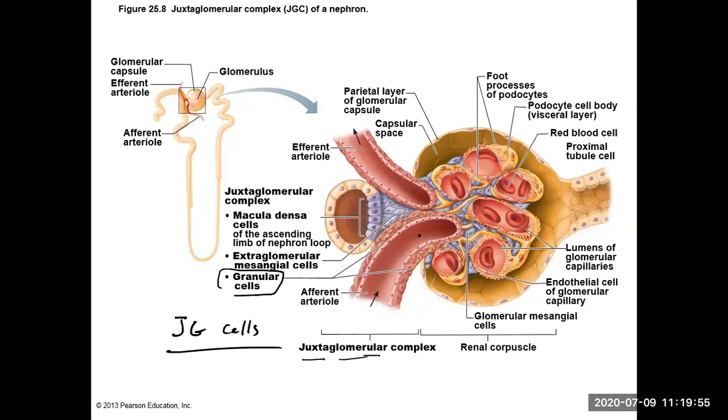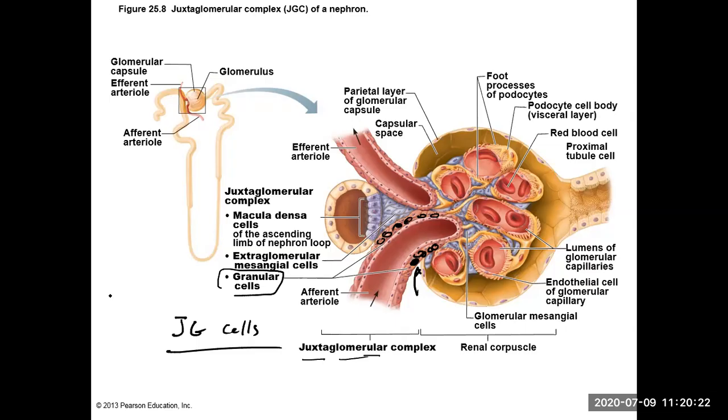All right, so look, these cells right there. These are special cells that have endocrine activity. What that means is they can release their content, in this case, renin. All right. Now, what is the renin going to do? Let's take a look.